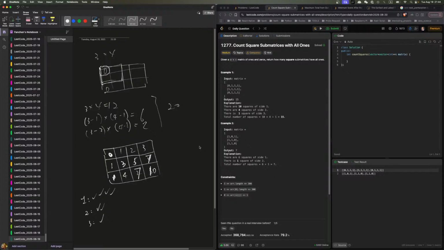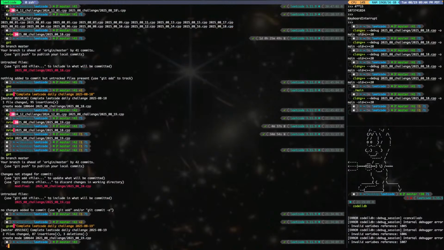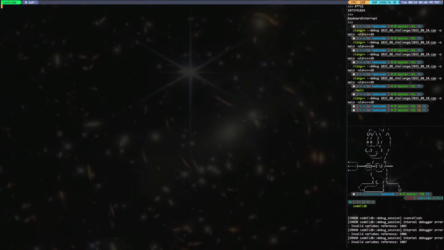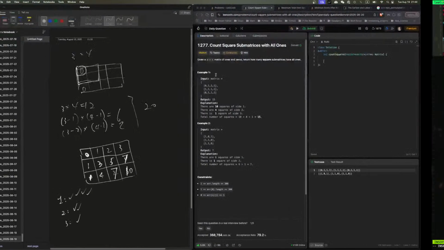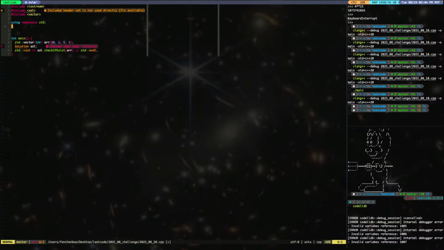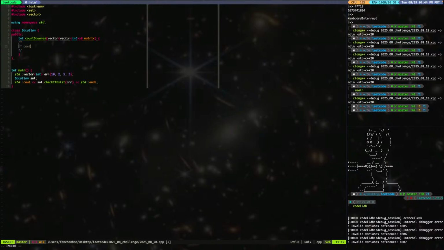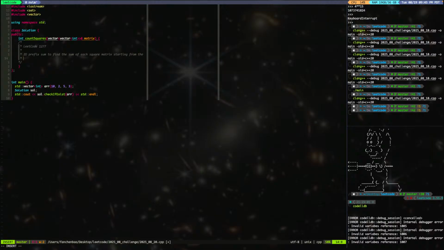Let's give this a shot. We find the sum of each square matrix starting from the top left corner.